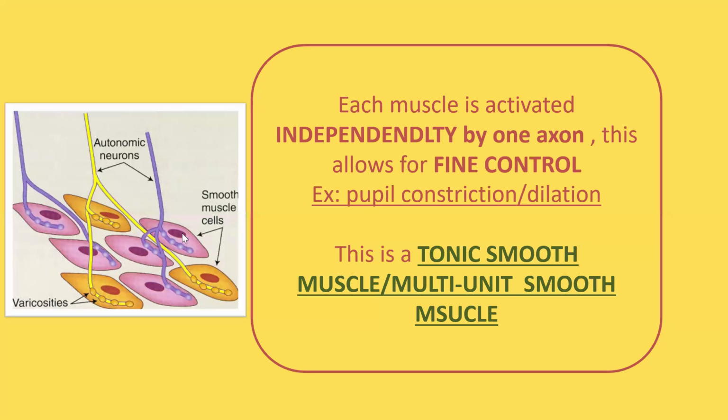And this needs to be under fine control because it's a reflex, because that's an autonomic neuron. When you have flashing lights directly on your pupils, they directly need to constrict very fast, and that's why you have a lot of autonomic neurons supplying individual muscle cells, and you have multi-unit smooth muscle contraction, and it is for fine control. So each muscle cell is independently innervated by one single neuron.